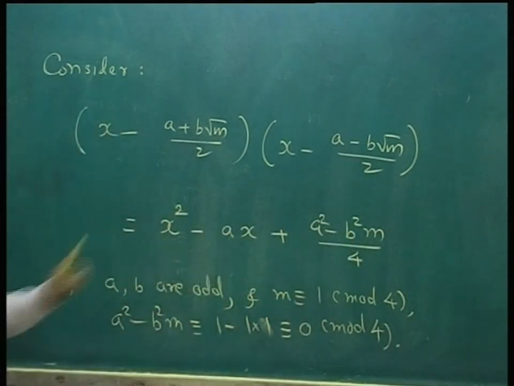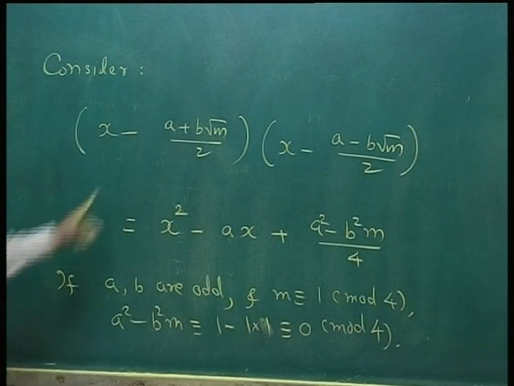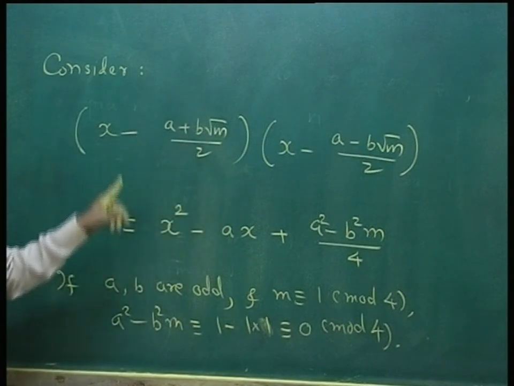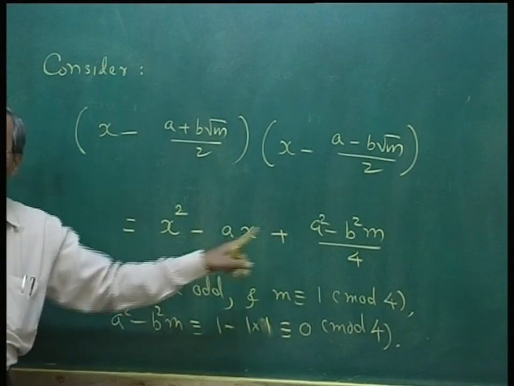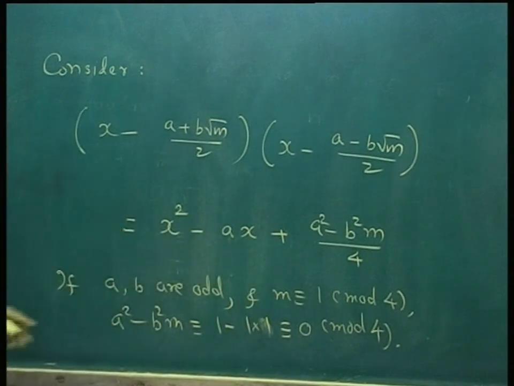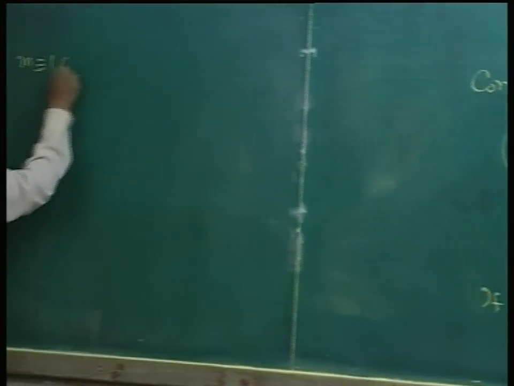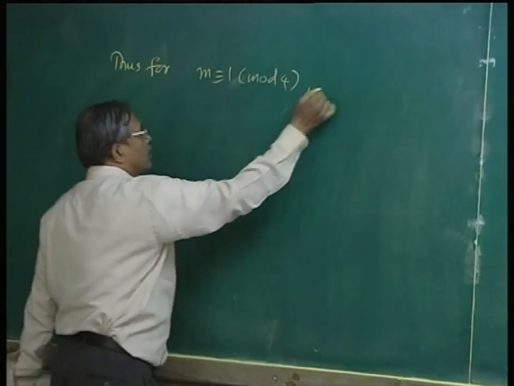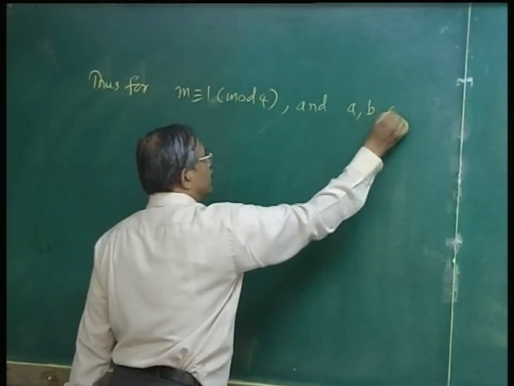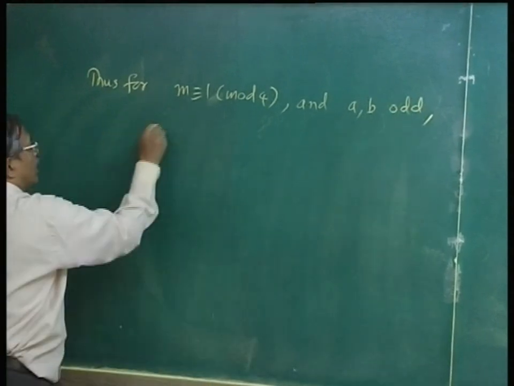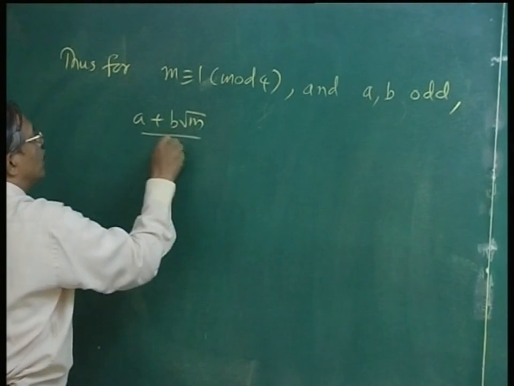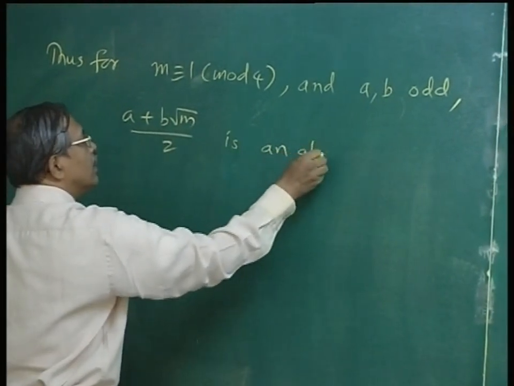So if you divide this by 4, you get an integer. That means this a plus b root m by 2 satisfies a polynomial with integer coefficients. Therefore, this is an algebraic integer. So for m congruent to 1 mod 4 and a, b odd, a plus b root m by 2 is an algebraic integer.